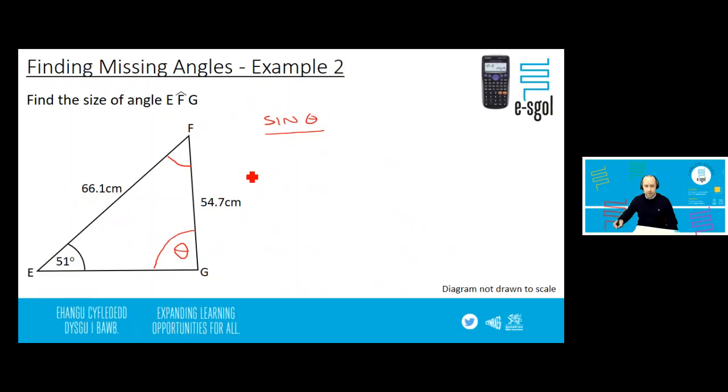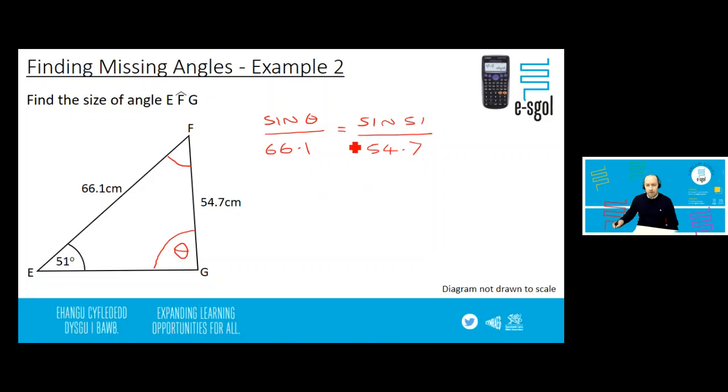Remember, it's all about opposites, which in this case is 66.1 centimeters. And all of that is equal to the sine of 51, which is the angle we've been given in the question, divided by 54.7.